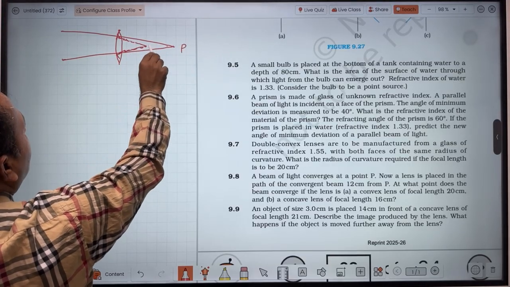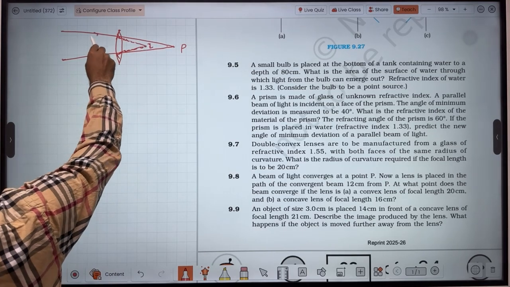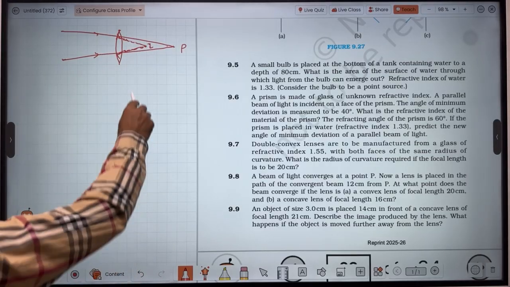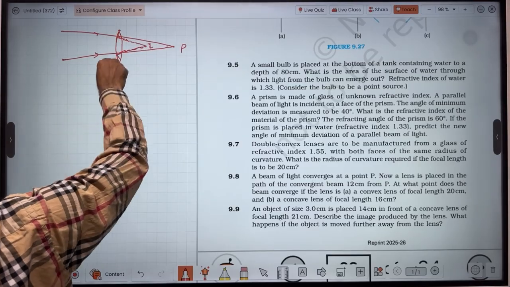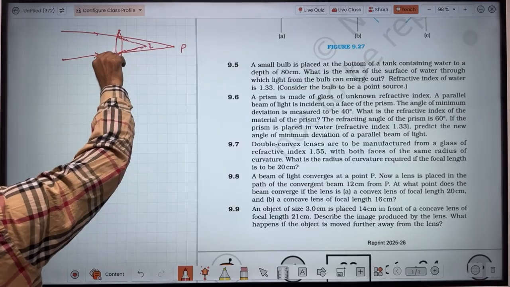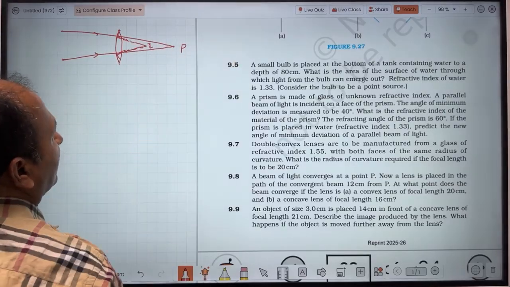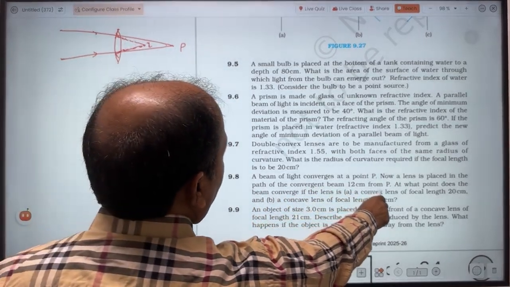So this was the earlier position, this is the new position when there is a lens, right? The situation is given: a beam of light converges at a point P. So earlier these rays were focusing at this point, but because of the presence of this lens, they focus at this point. Now if the case is reversed, means if we take this as a concave lens, in that case these rays will converge somewhere here, so that we will discuss. But before that, let's try. So here the beam is 12 centimeter from P.